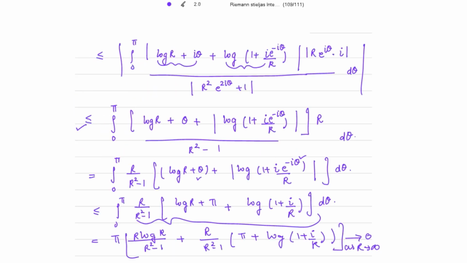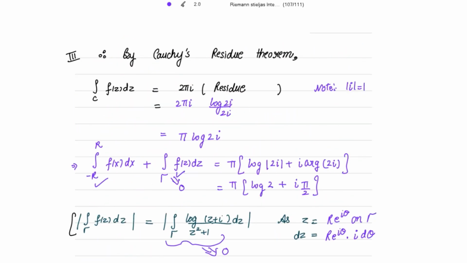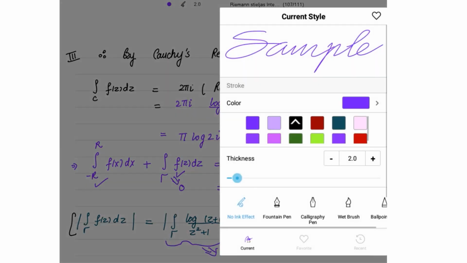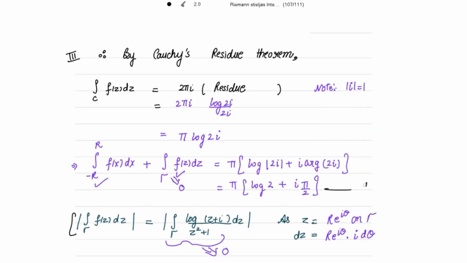Now let's check our statement 1. Let me mark this as statement 1. In this statement, I'm going to let r tend to infinity. When r tends to infinity, this second integration will tend to 0, which we have just proved.